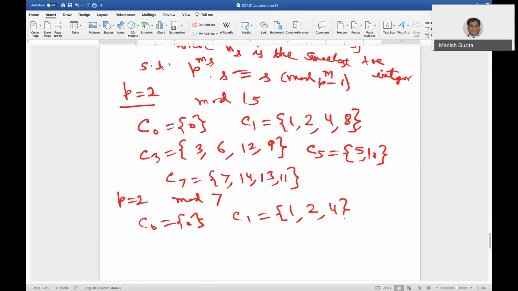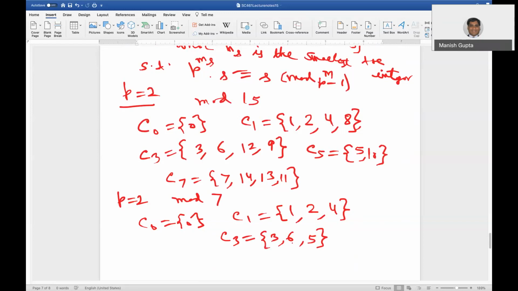So 1, 2, 4. Then we are left with C3, right? C3 is 3, 6, and 5. 3 into 2 is 6, 6 into 2 is 12, modulo 7 is 5. So these are the cyclotomic cosets.